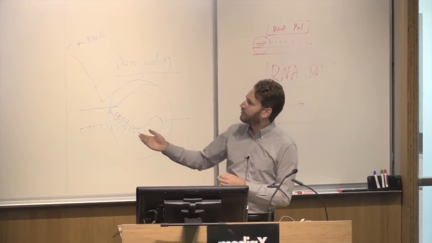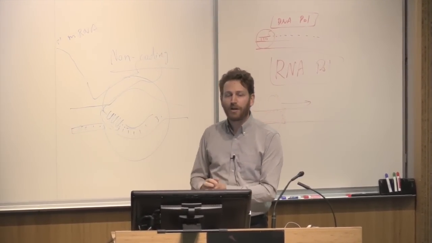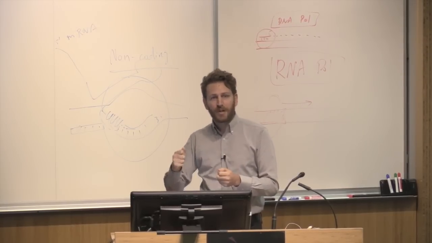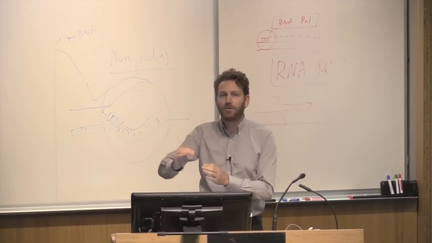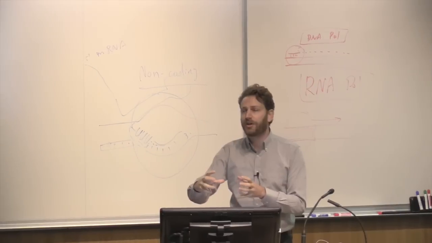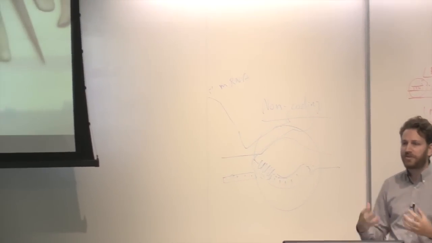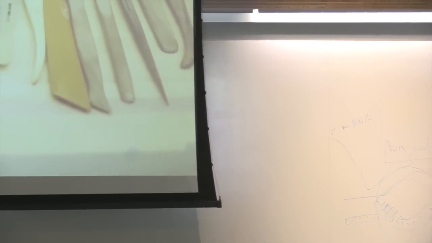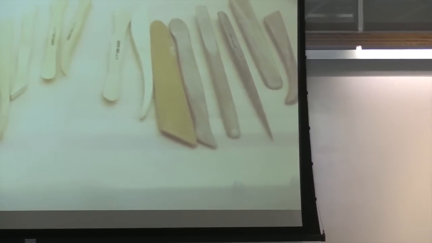So for example, this curve tool on the side there, it's clear to me that as I press this into the clay, it's going to make an indentation of that shape. And so when we live in the physical world, we have this really direct mapping between form and function.